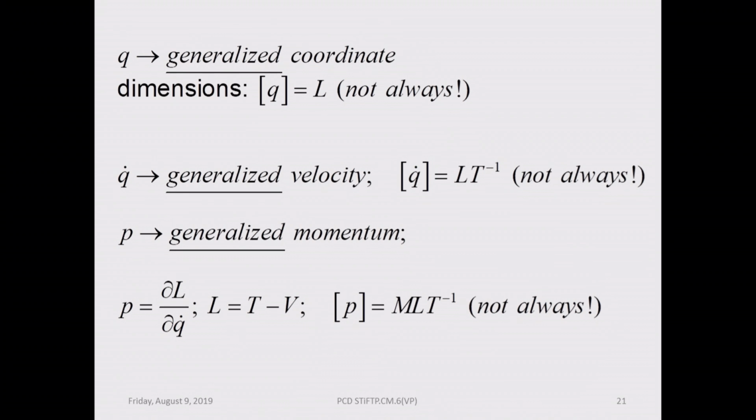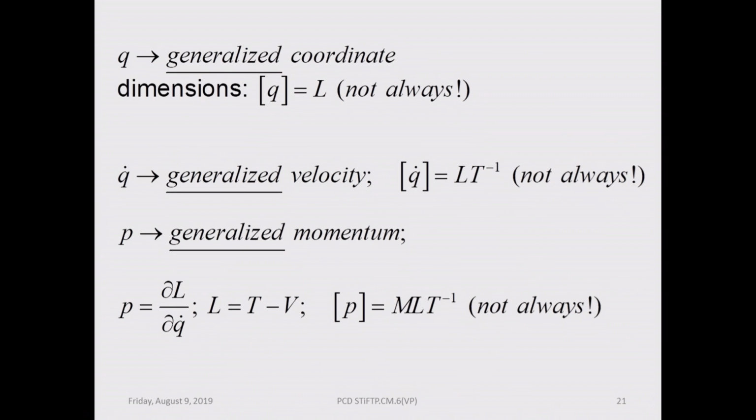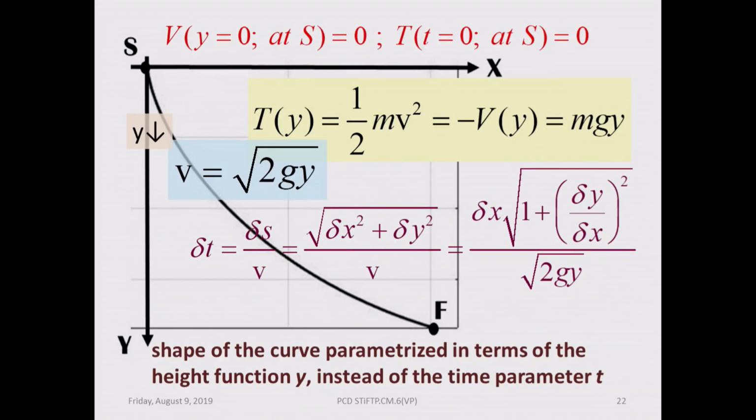And because the generalized coordinate is not always of dimension length, we have already seen that for a rigid body you have angles which do not have the dimensions of length, the generalized velocity will not always have the dimension of LT minus 1, and momentum will also not necessarily be MLT minus 1, but may have some other dimensions. So this is the question that we are discussing.